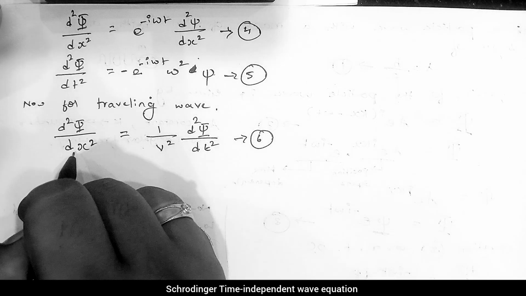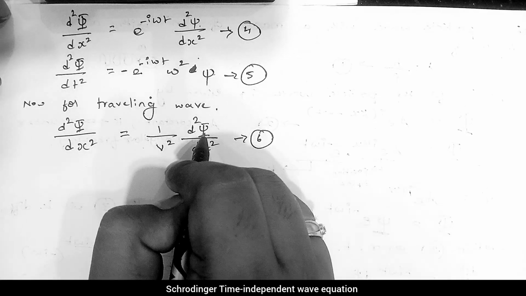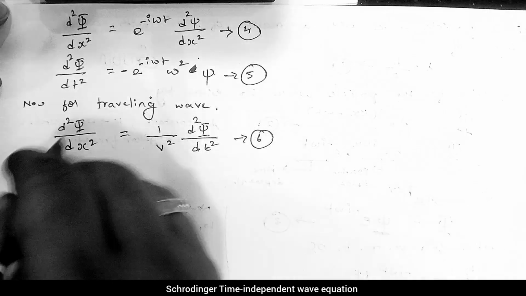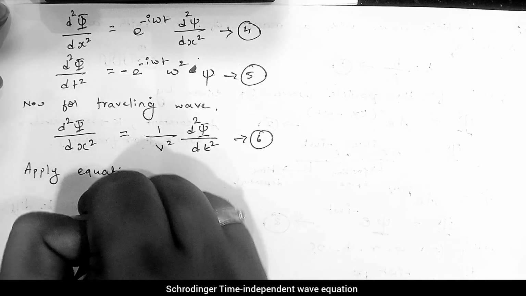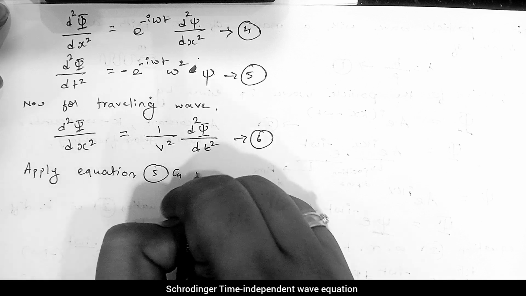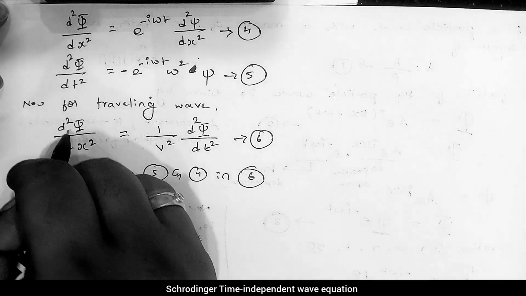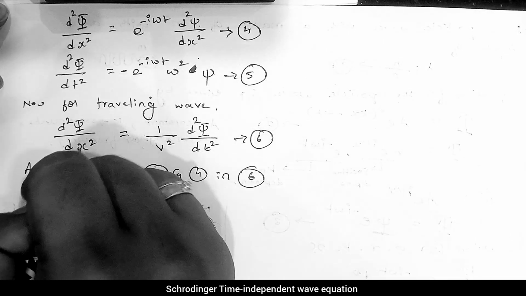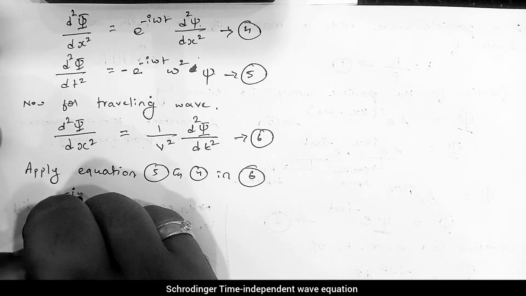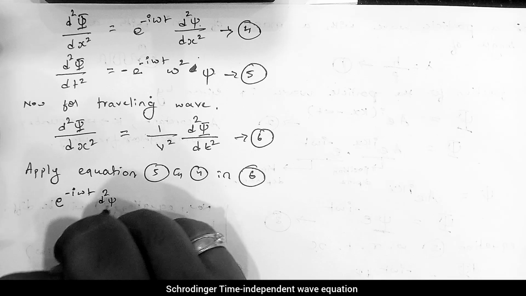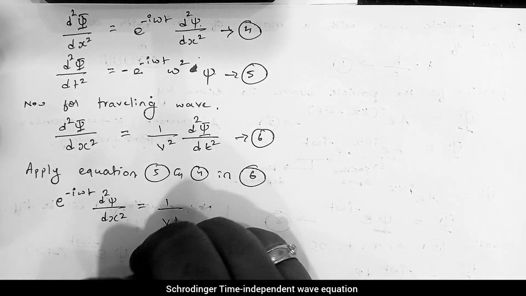Now we have both values also. d square psi by dx square is there, and d square psi with respect to dt square is also there. Apply equations 5 and 4 in equation 6. So what will be the equation? In the place of d square psi divided by dx square, I will substitute a e to the power of minus i omega t, d square psi divided by dx square is equal to 1 divided by velocity square.